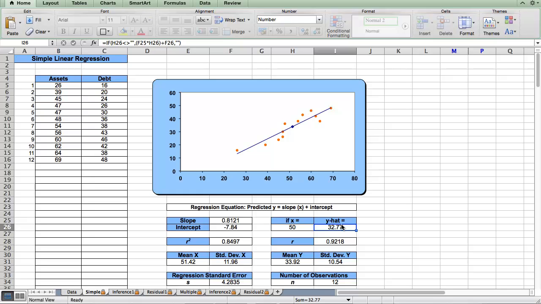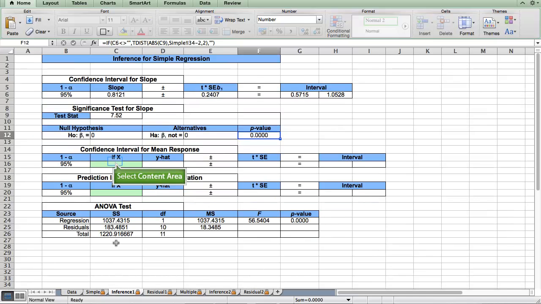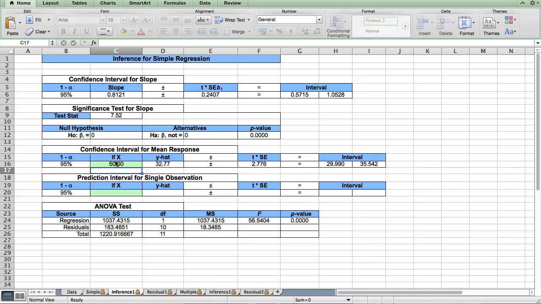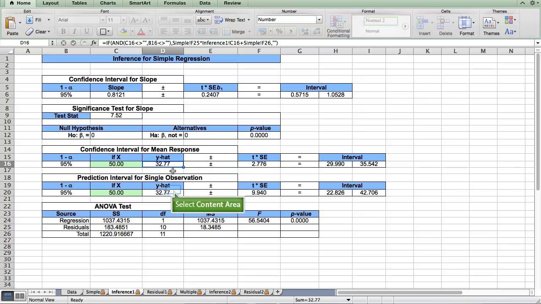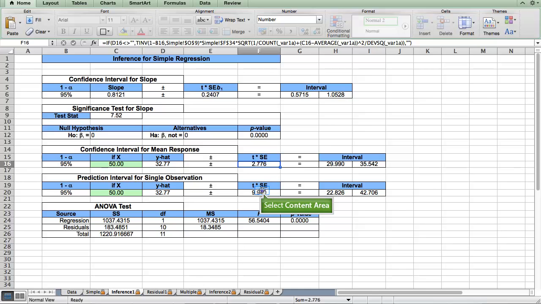We know that in reality, all clients who have 50 million in assets are not going to have exactly that amount of debt. So we have two interval estimate tools, our confidence interval and our prediction interval. And they're both intervals that are built around our y hat. The only difference is the margin of error.